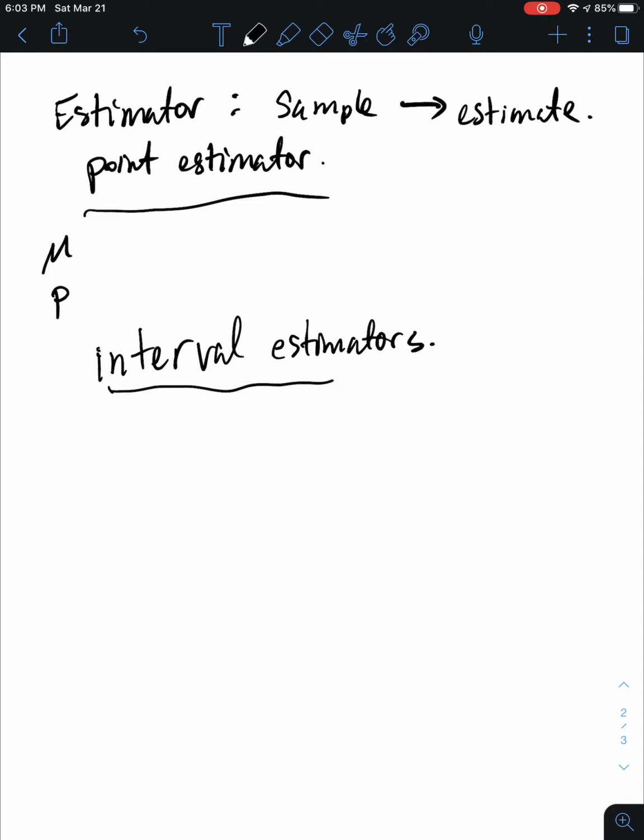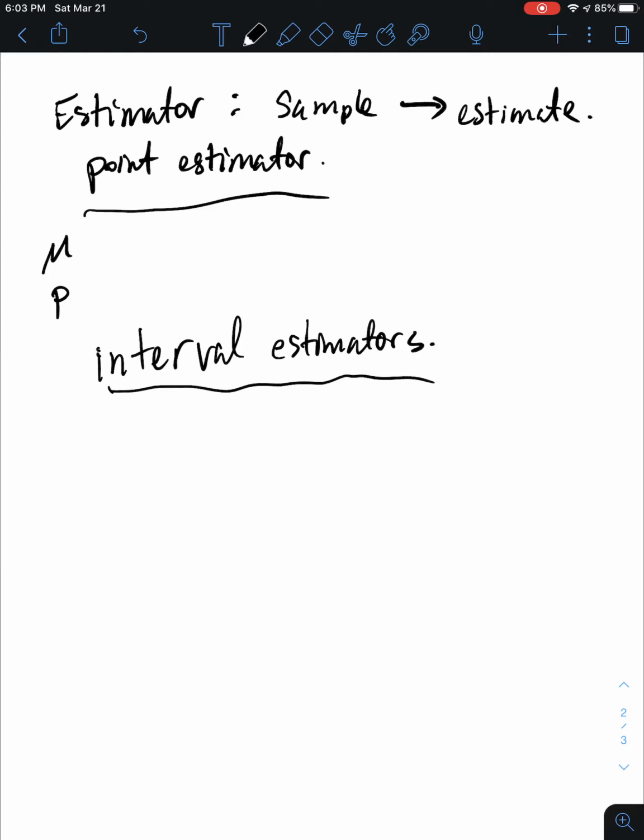And there is a relationship, though, between point estimators and interval estimators. So it's something that we do need to talk about. It's just something that we shouldn't stop at point estimators. We need to go on to talk about interval estimators.